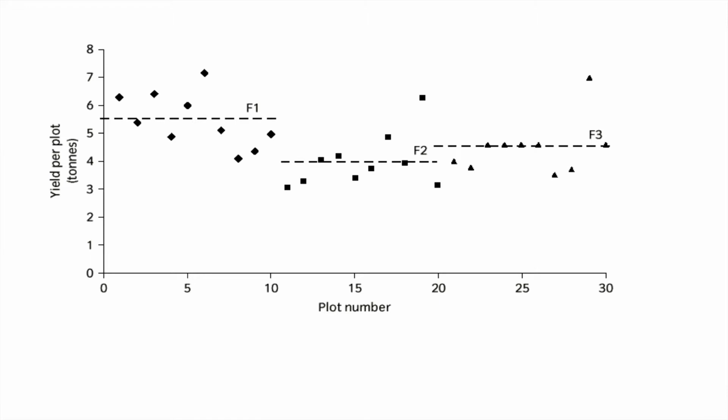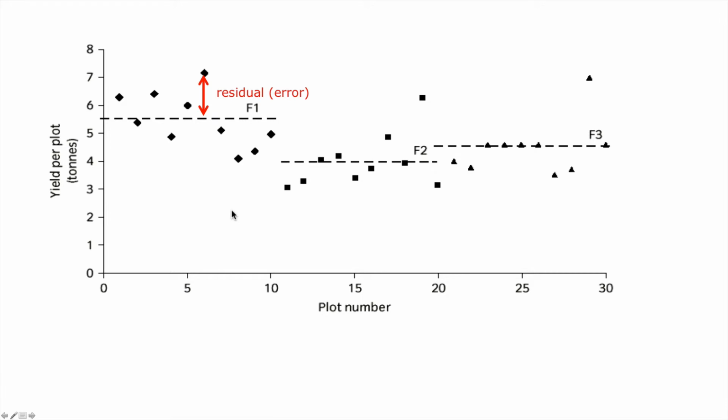Here is our data, and here are the sample means, which are our very best estimate that we have of the population means. Here is the error in this data here, sometimes called a residual. Of course, this is our very best estimate, but it may not be the true value of the population mean, but it's all we've got to go on.